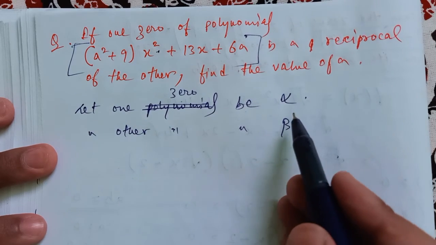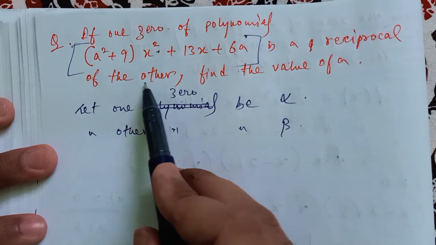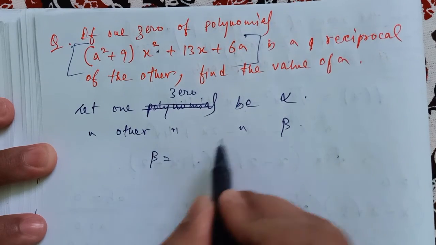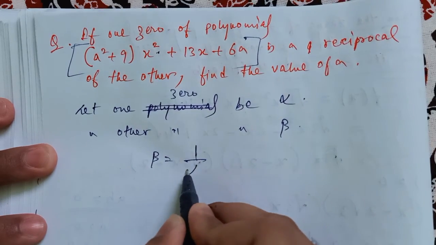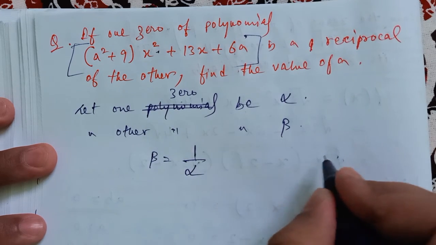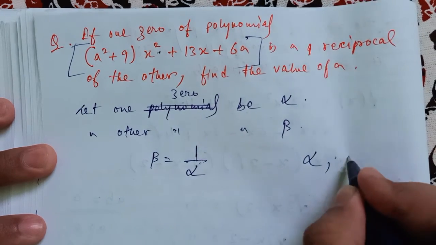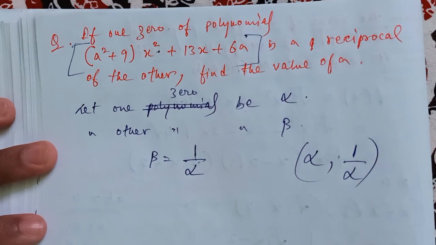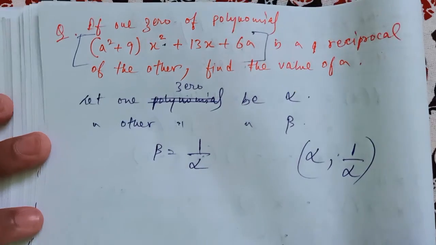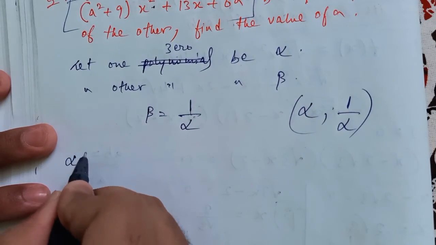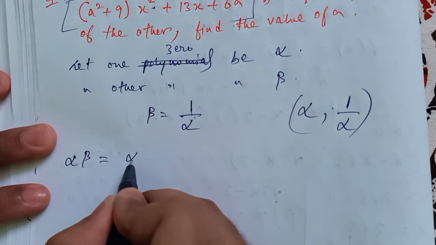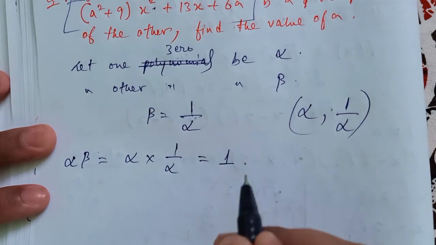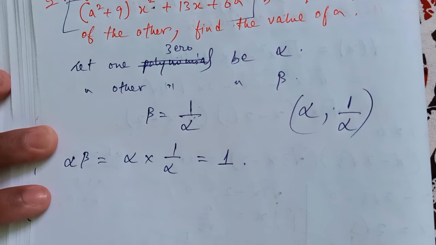According to the question, the other one is the reciprocal, so beta is 1 upon alpha. So we have two zeros, alpha and 1 upon alpha. Now if you find the product of zeros, alpha beta, the result will be alpha into 1 upon alpha, so you'll be getting 1. So the product of zeros is 1.